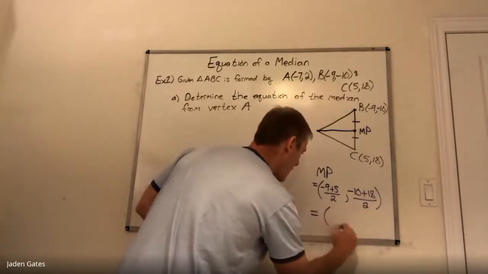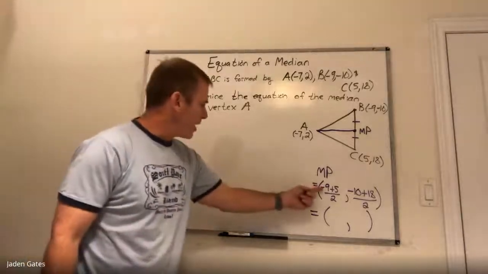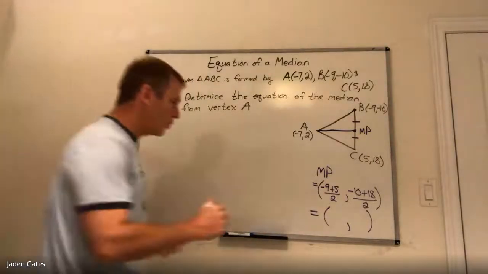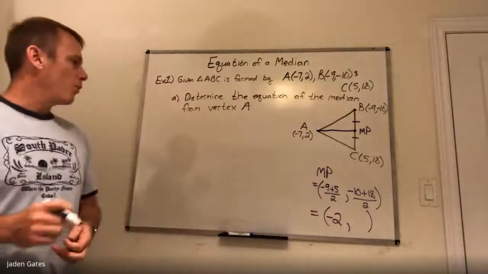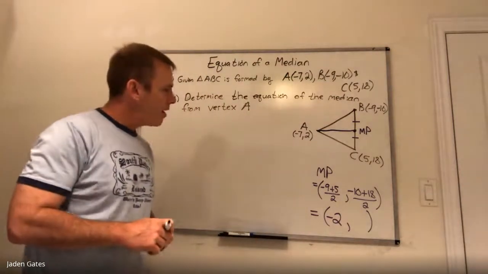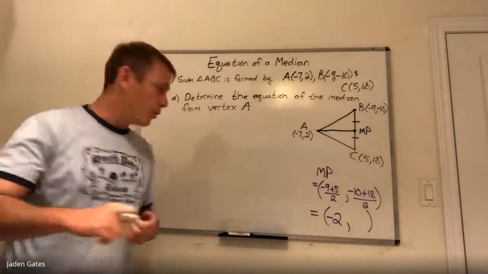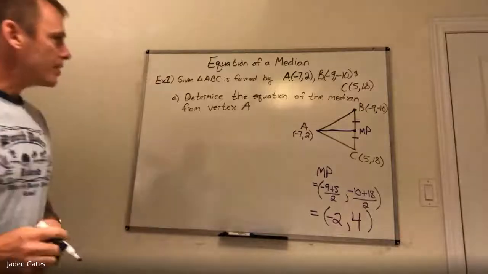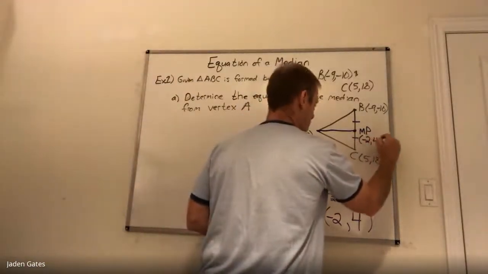And so I can find my midpoint. Again, -9 plus 5 is -4 divided by 2. That's a -2. And then my y coordinate, I have -10 plus 18, which is 8, divided by 2. That is a 4. So there's my midpoint. That's what I need, -2, 4.